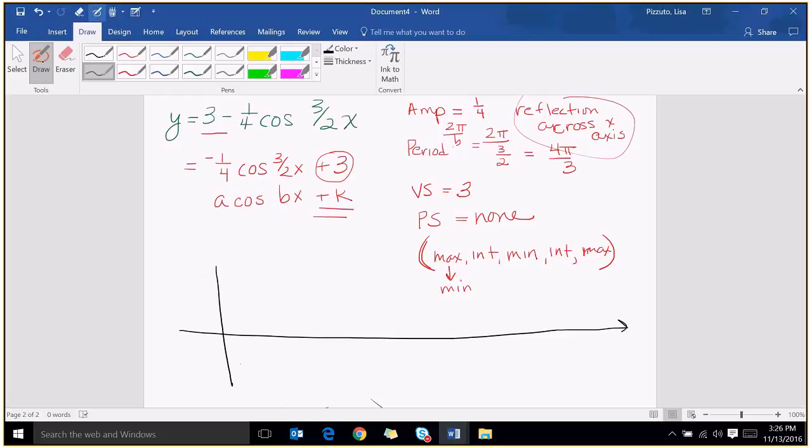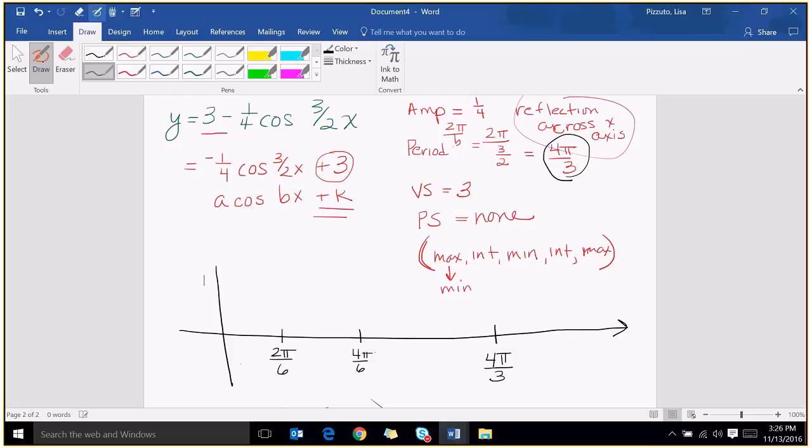Yes? Okay, so the longest distance is 4 pi over 3. I got that from the fact that that's my period. So I make the halfway mark. The halfway mark is 4 pi over 6, and we'll talk about reducing this later, but let's leave it as 4 pi over 6. And then half of that is 2 pi over 6.